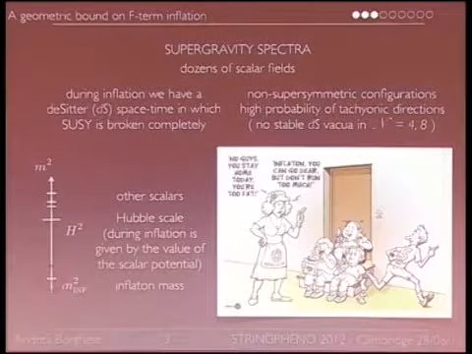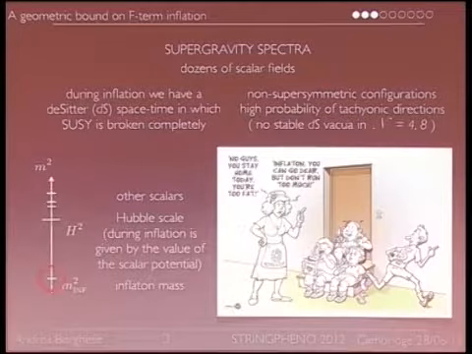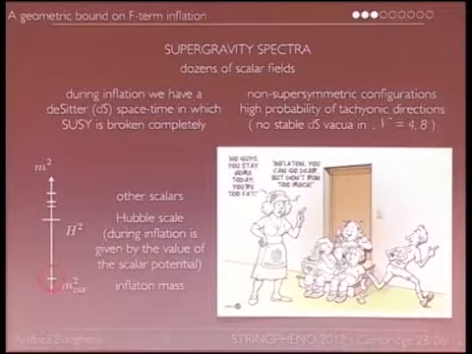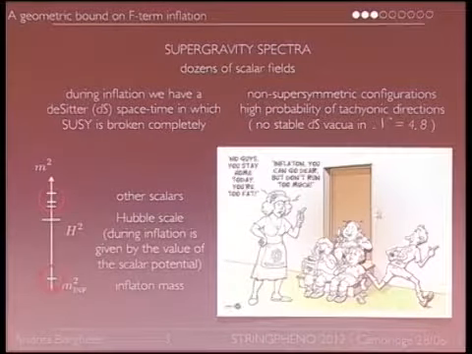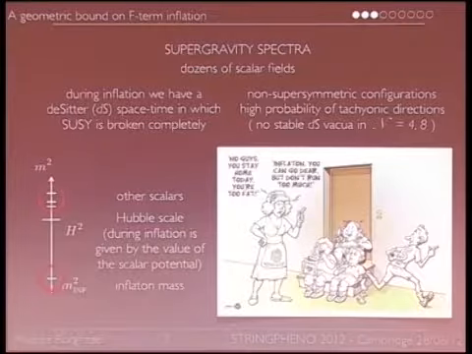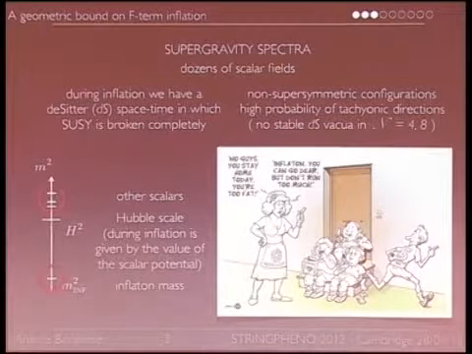So the situation we want to realize is illustrated by this cartoon. The best situation we would like to realize is to get in supergravity one scalar field which has a mass below the Hubble scale and a bunch of other scalars, all the other scalars, which are above the Hubble scale and are decoupled from the inflaton and from the inflationary evolution.